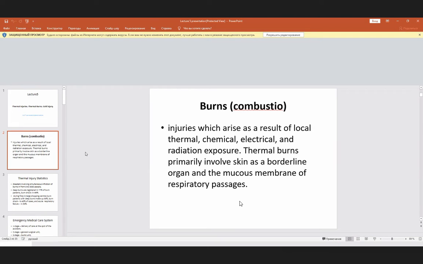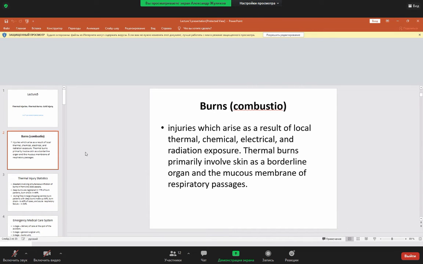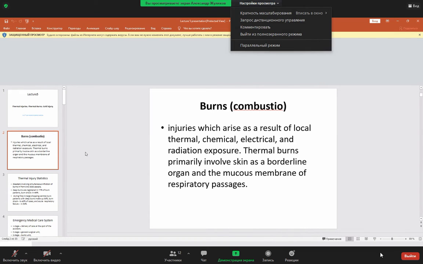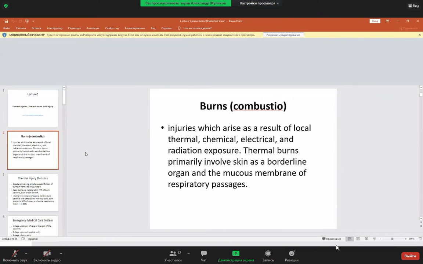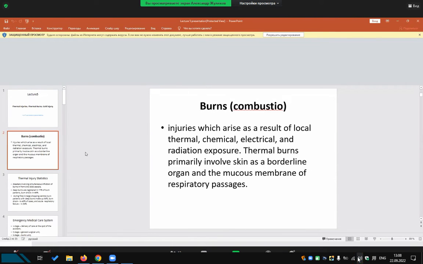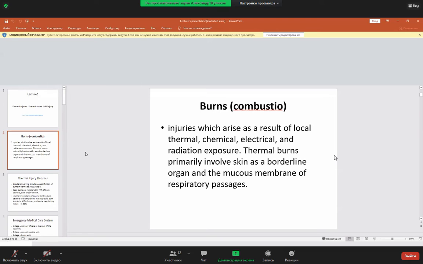77% of the injured people, and burn shock 65%. During air accidents, the injuries with deep burn make up 32%, whereas burn shock is observed in 42% of cases, acute respiratory failure in 29%.